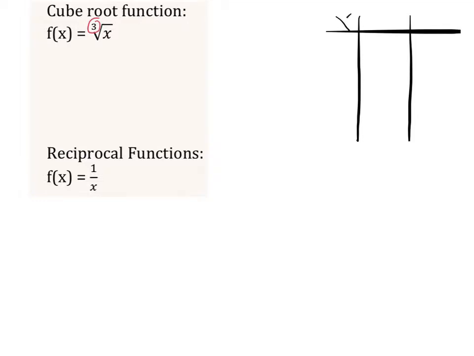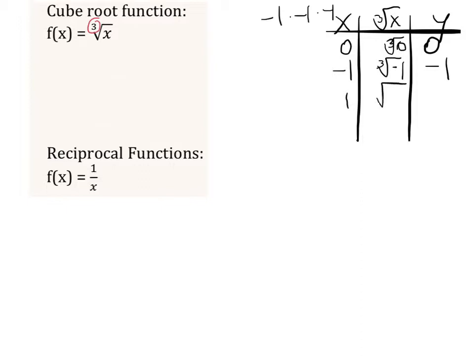So when I create my xy chart, I get the cube root of x, and I go 0, cube root of 0 is 0. But then I try negative 1. Cube root of negative 1 is negative 1, because if you think about it, negative 1 times negative 1 times negative 1 would give you negative 1 still. And so that's what you're kind of finding.